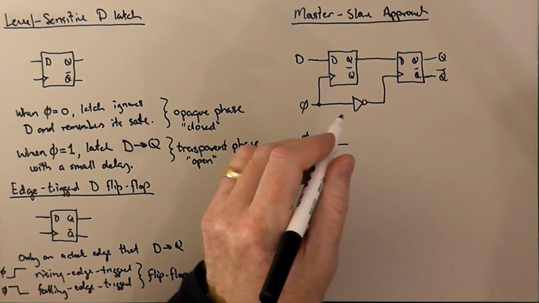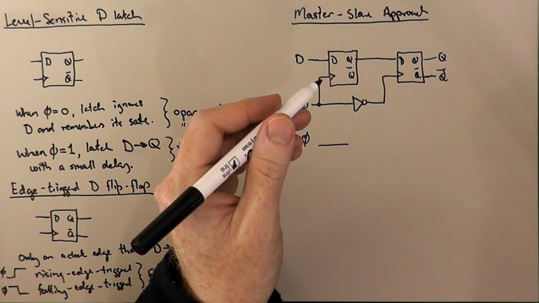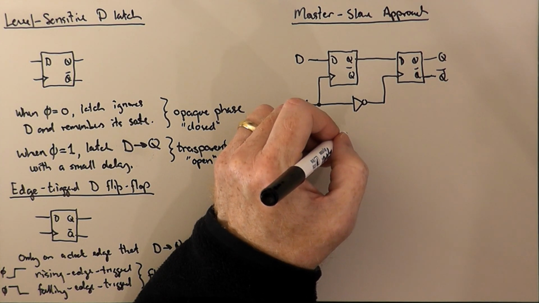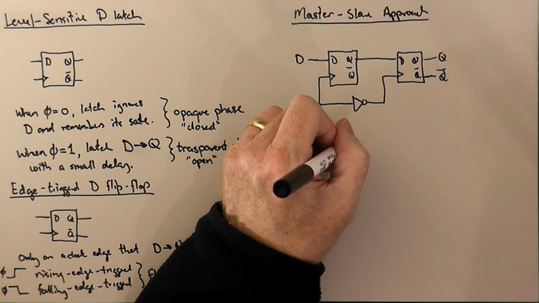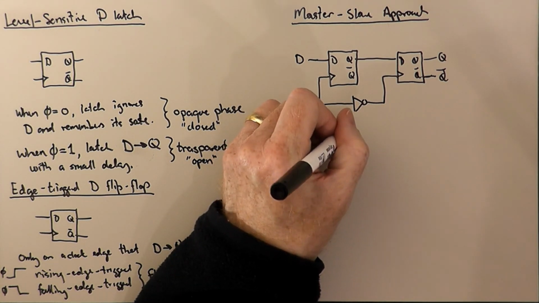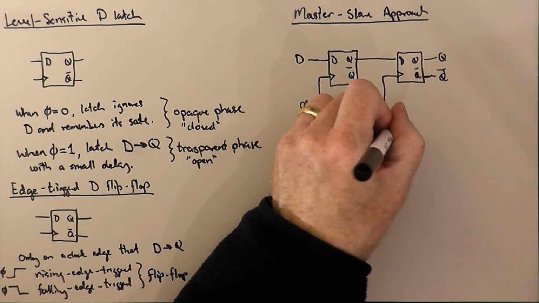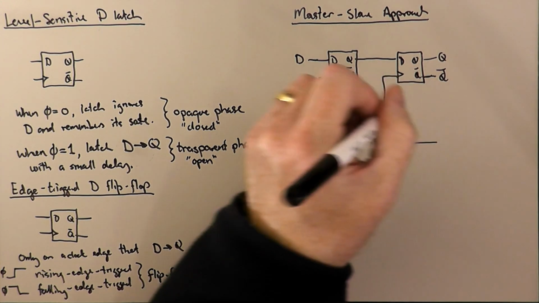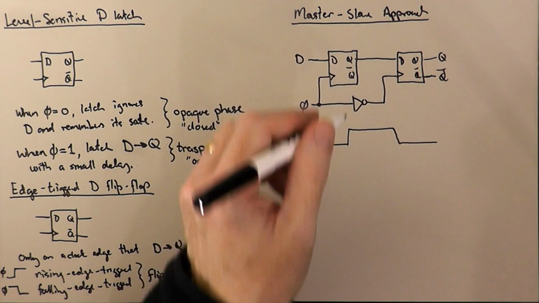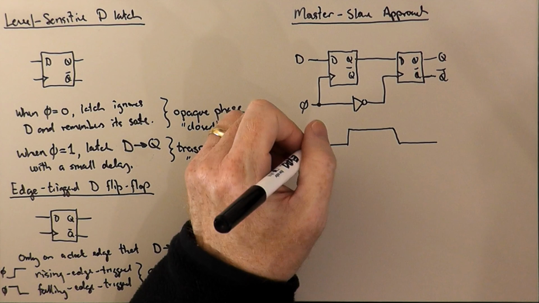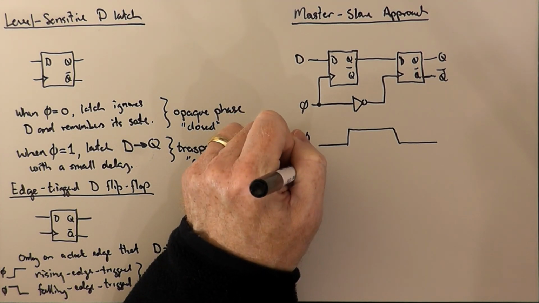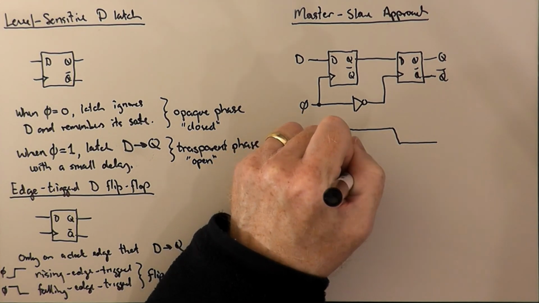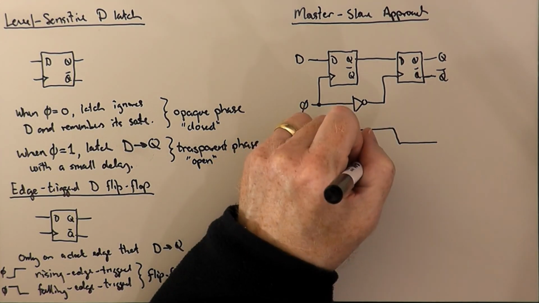So it's basically ignoring its input until phi goes high and we enter its transparent phase. And let's suppose D is doing something like this.